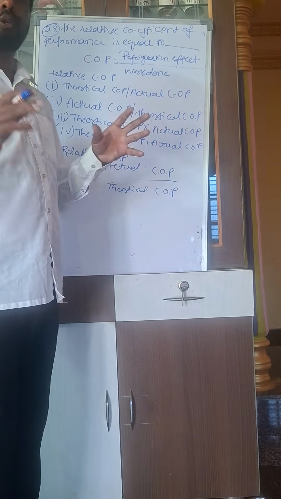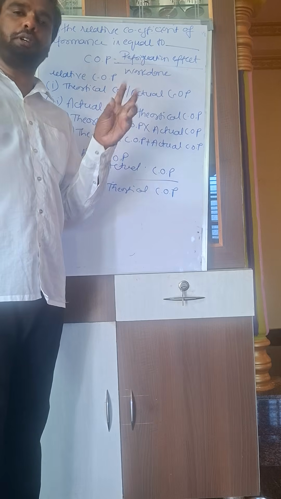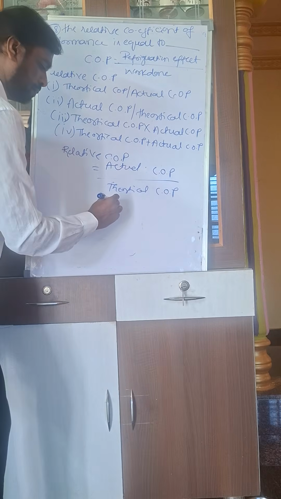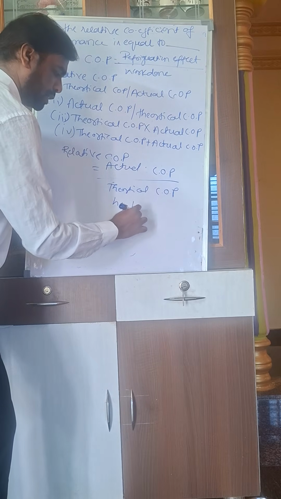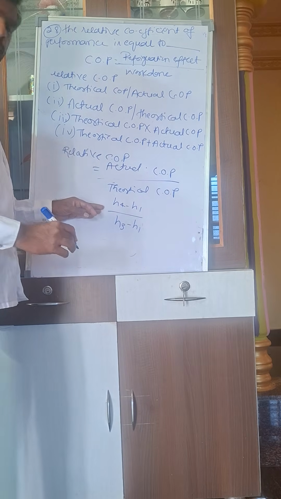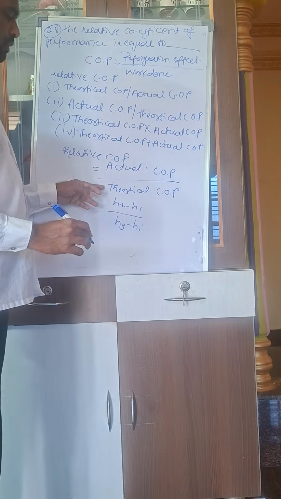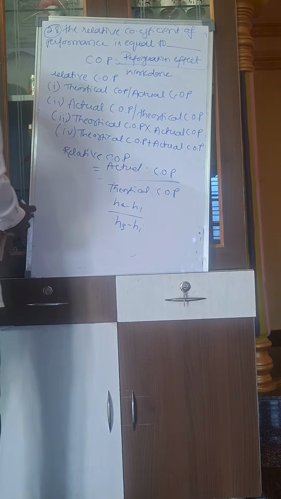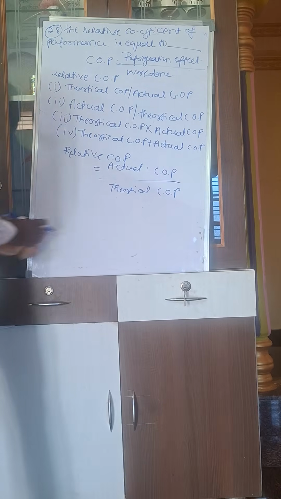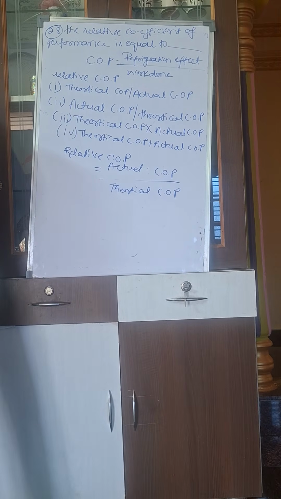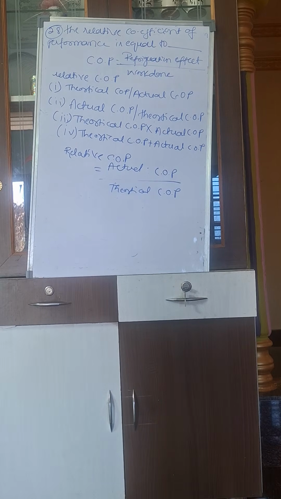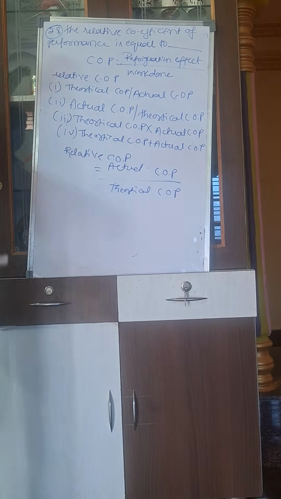See, actual COP means you get some values. Suppose the COP value comes to 4. When using the formula, that is H4 minus H1 over H3 minus H2, this is the formula for theoretical COP. Actual COP divided by theoretical COP is called the relative coefficient of performance.